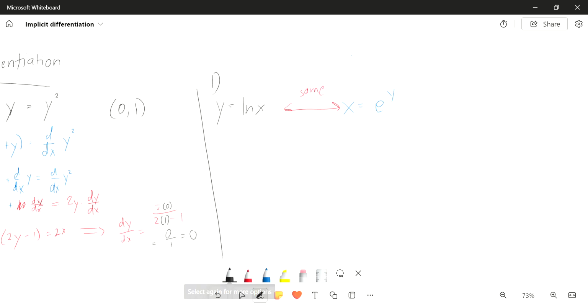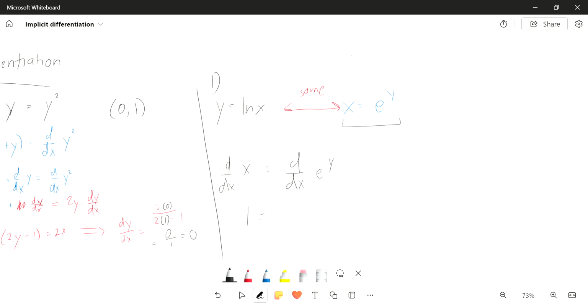Now it would be a lot easier to differentiate this function implicitly, because these are both functions that we actually have rules for. So we take the derivative of x with respect to x, and then we take the derivative of e to the power of y with respect to x.